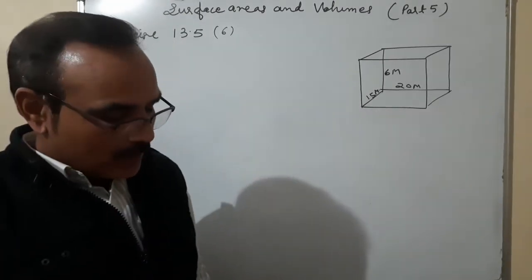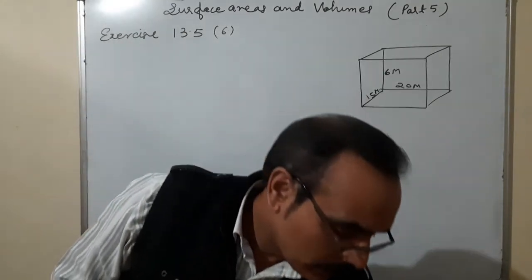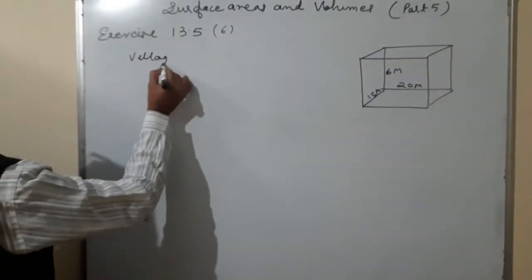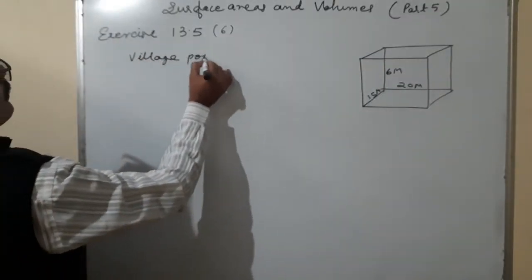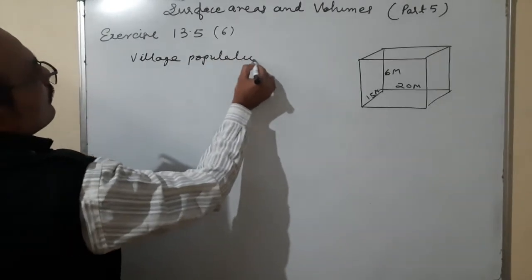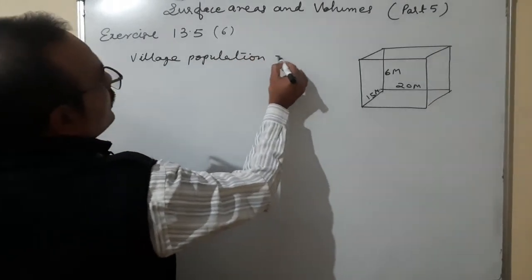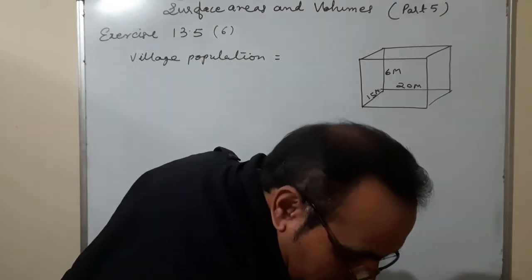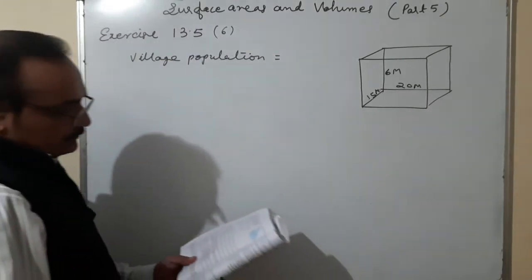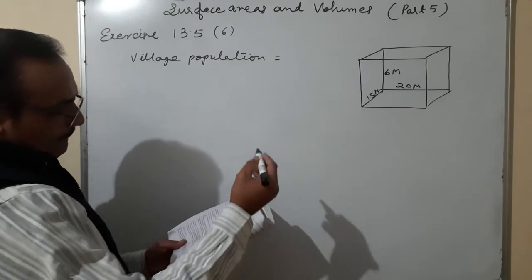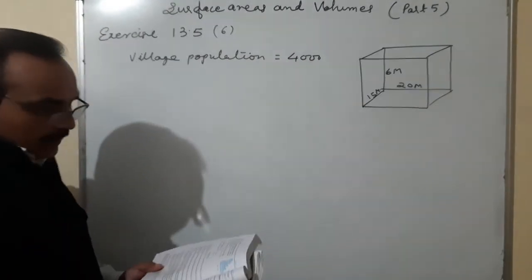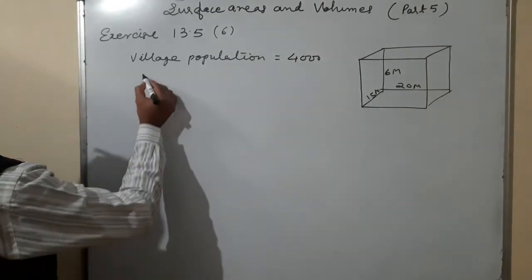A village having a population of 4000. Village population is equal to 4,000. Okay.